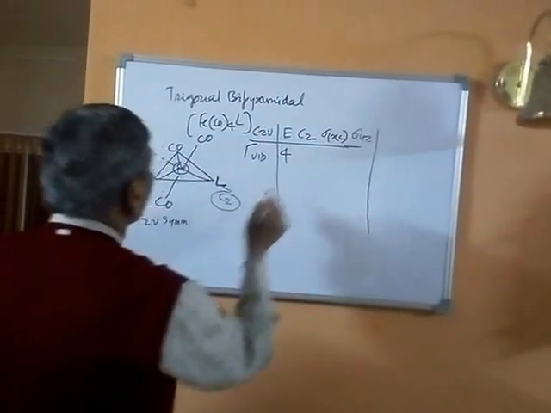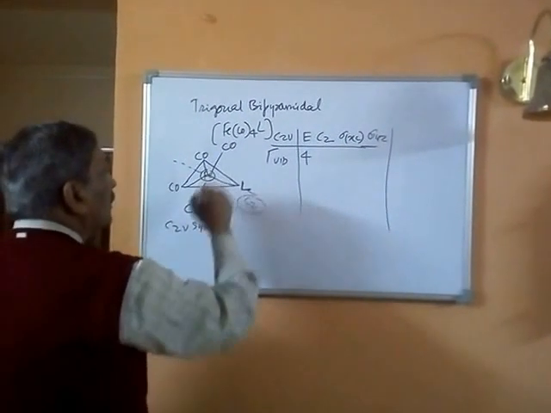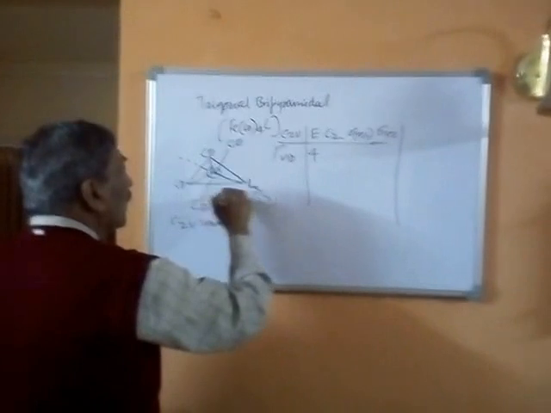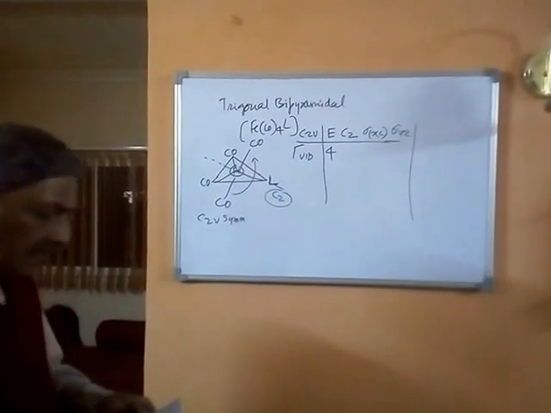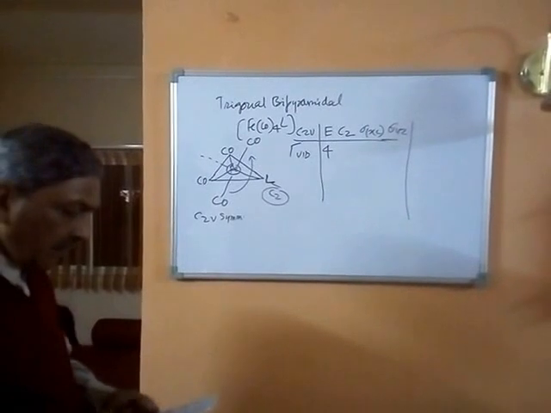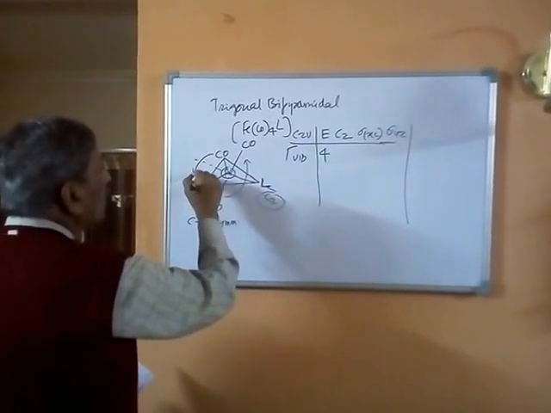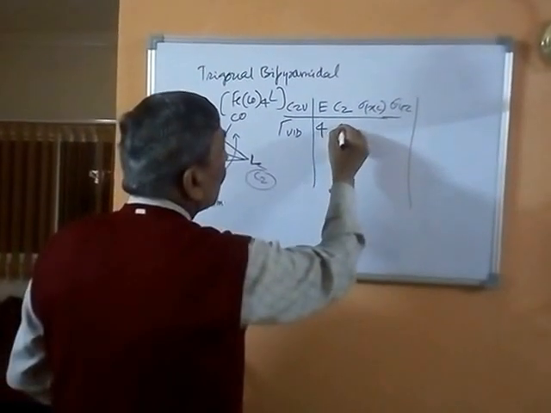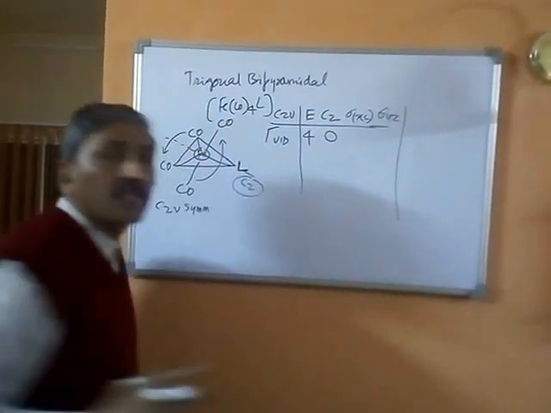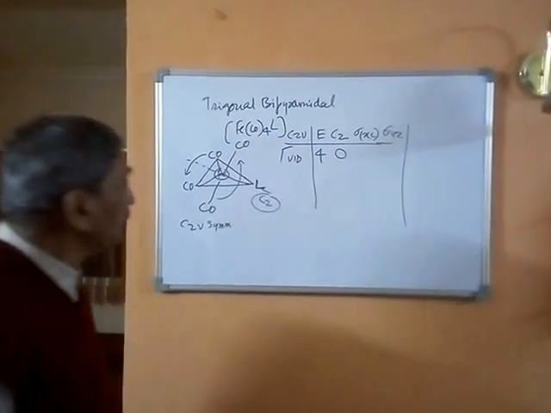Under C2, if you perform a C2, you find that the axial COs undergo exchange by 180 degrees, and in the same manner you find that these two COs also undergo exchange by 180 degrees. Therefore, since all the four COs are changing their position, the net character is 0.